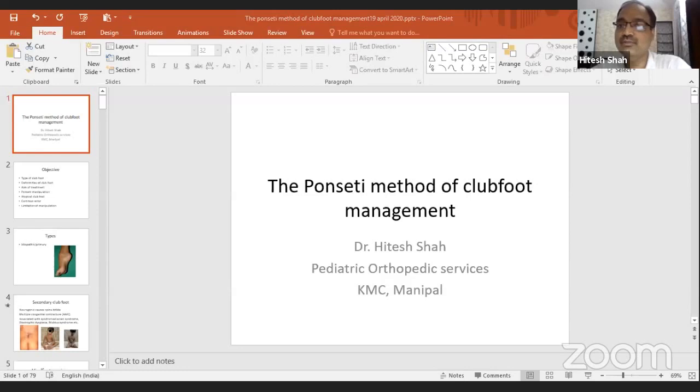Like in spina bifida, we need to check the sensation, the motor power, and the actual imbalance between inverter and everter. In those cases, if we are not very much aware of the secondary problems of spinal dysraphism, we will end up making a trophic ulcer, because of poor padding of the child.